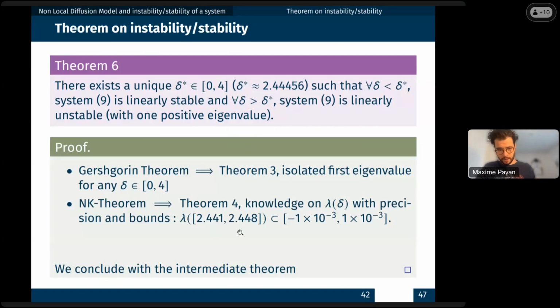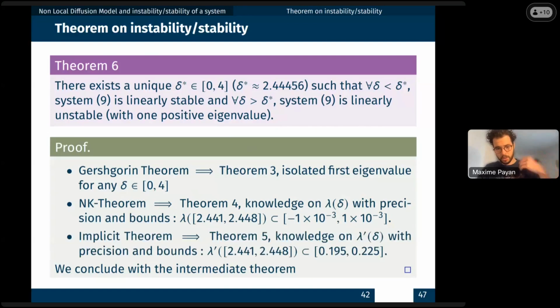We have exactly this inclusion. So it crosses 0, but we do not know where, and maybe many times. But the implicit function theorem gives theorem 5, a knowledge on the derivative of lambda with respect to delta, and says that it grows strictly.